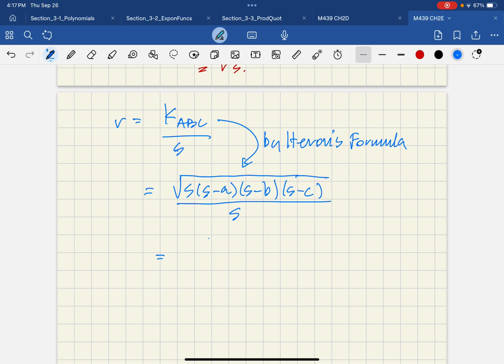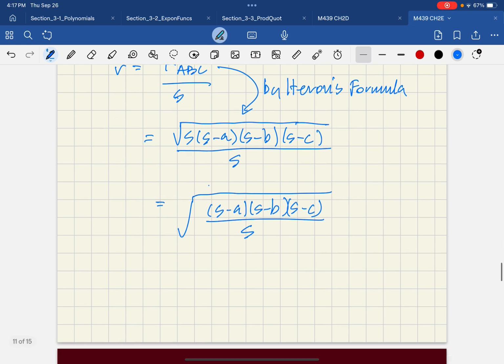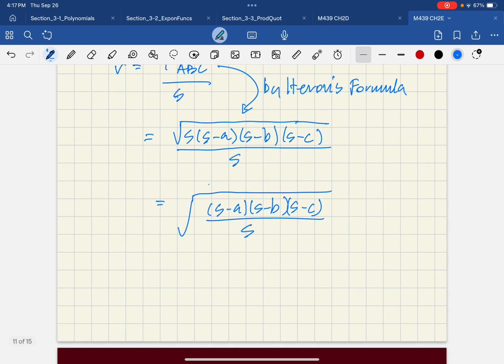One of those squares will cancel with one of the S's on top. So on top we'll be left with (S minus A)(S minus B)(S minus C). On bottom we'll be left with S. And indeed, here's the formula that's strictly in terms of the lengths of the sides.